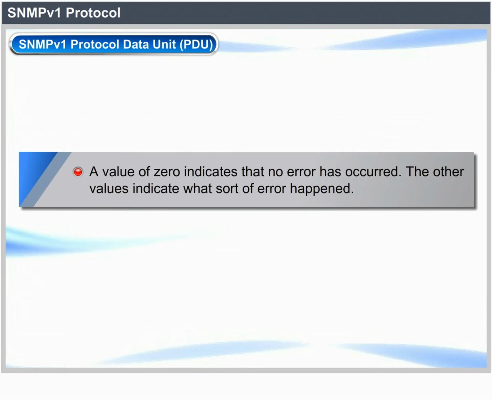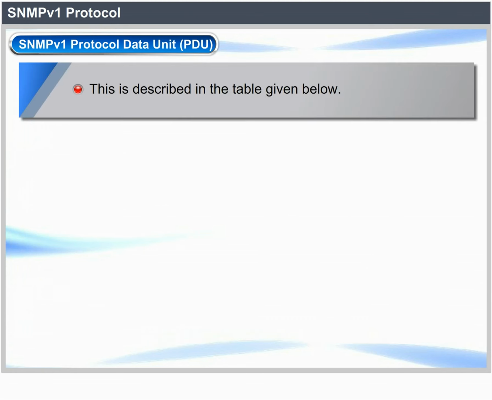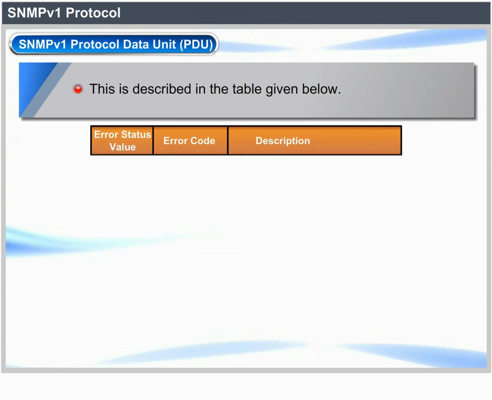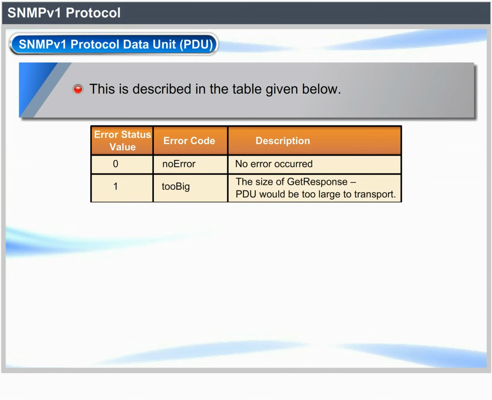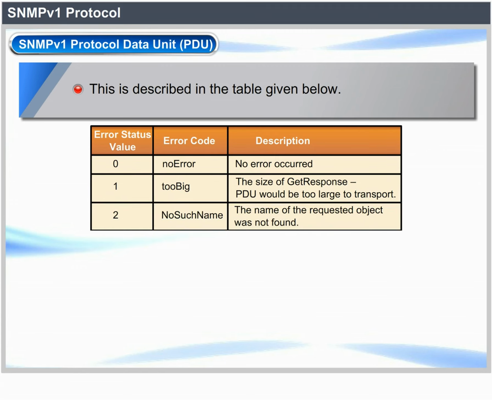Error status value, error code, description. 0, no error occurred. 1, too big, the size of getResponse-PDU would be too large to transport. 2, no such name. The name of the requested object was not found. 3, bad value. A value in the request did not match the structure of the recipient object.